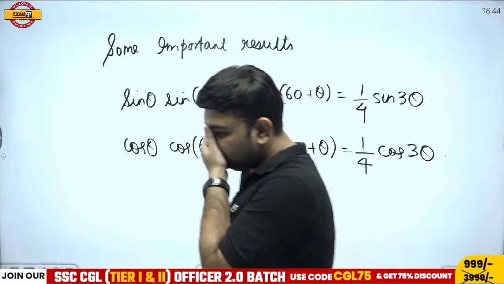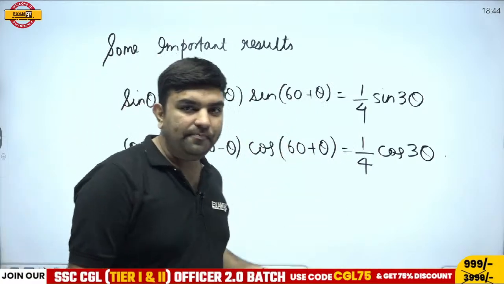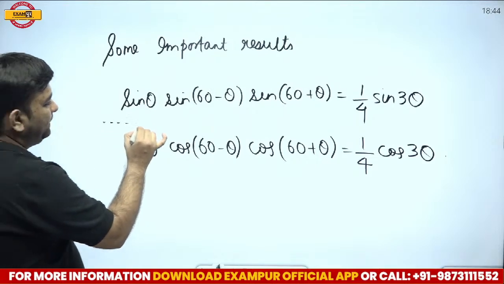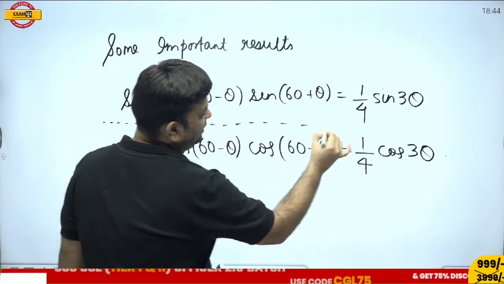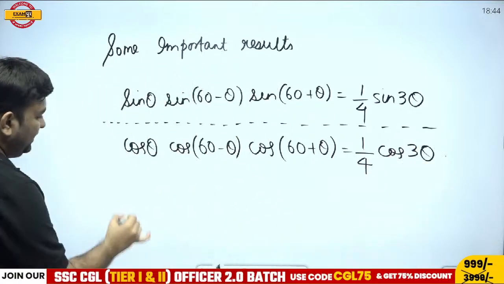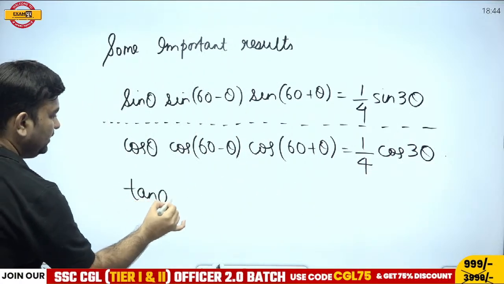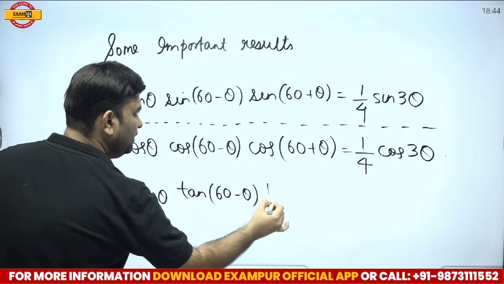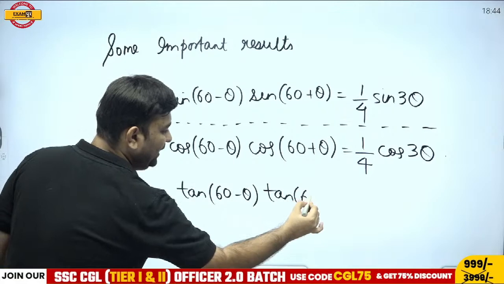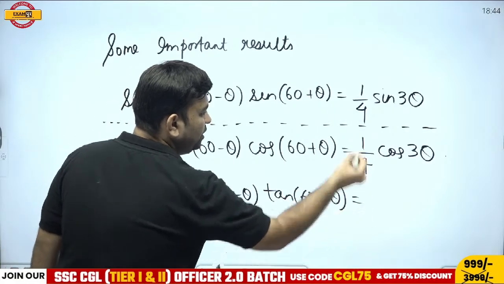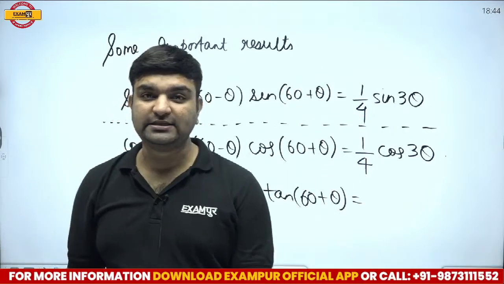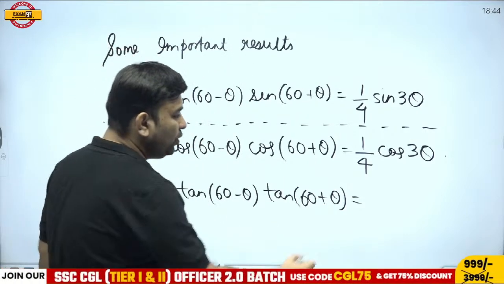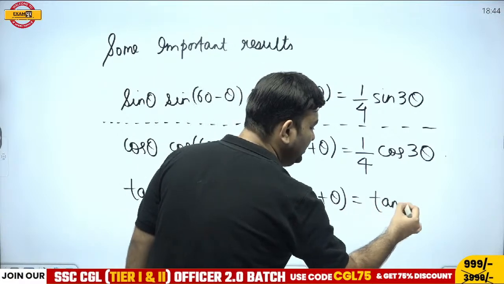Now, if I divide them, obviously I will get the tan. So, tan theta, tan 60 minus theta, tan 60 plus theta. 1 by 4 will get cancelled out, only tan 3 theta.